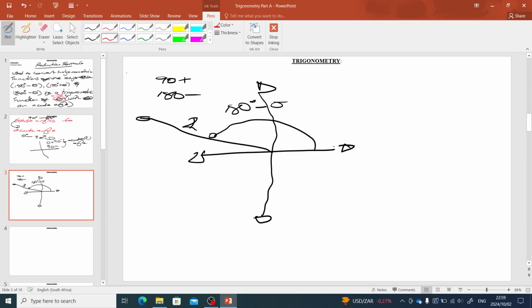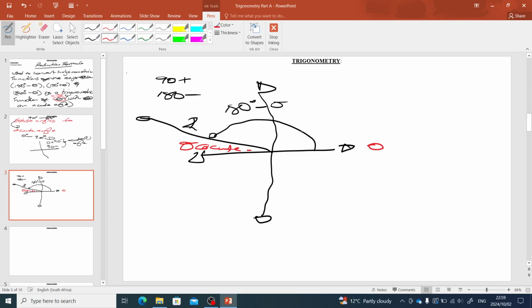180 minus. We know that it is 0, 90. This side, it is 180. Now, we are having 180 minus. The theta here, it is this angle, and it is an acute angle. Now it means this is the angle that we have to use and work with, because we are reducing obtuse to acute angle.